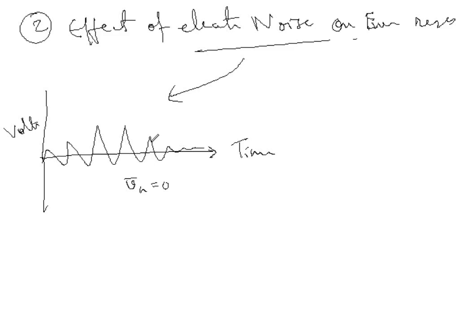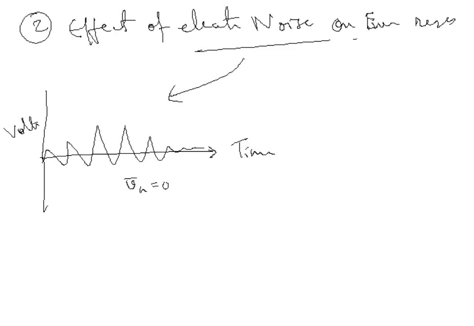Now to see the effect of the noise on the energy resolution, let us consider pulses of constant height V. In the absence of the noise, the full width at half maxima of the distribution of these pulses is 0.